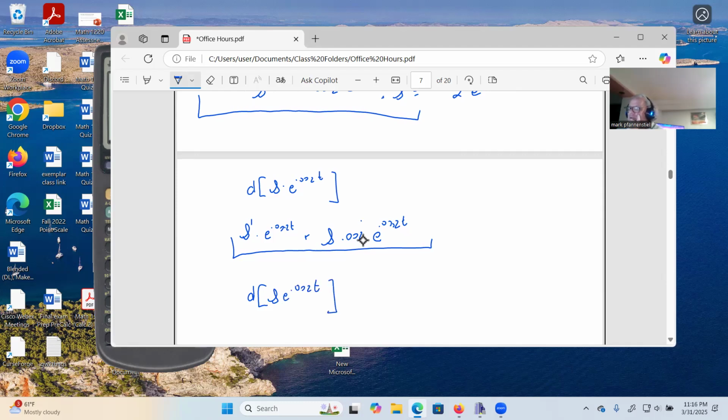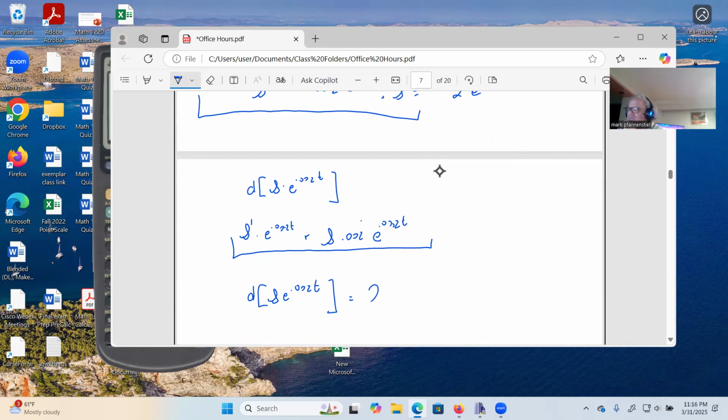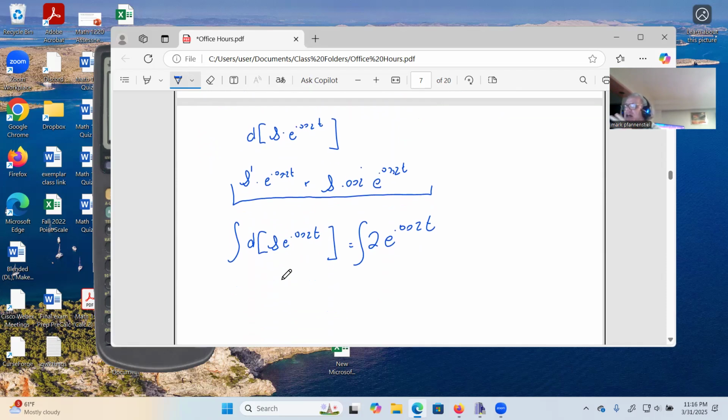And we're going to say this is equal to 2 e to the 0.002t. And what we're going to do is integrate both sides. Fundamental theorem of calculus says if we take the integral of something we differentiated, we just come back to s e to the 0.002t equals, and now I've got to integrate this.